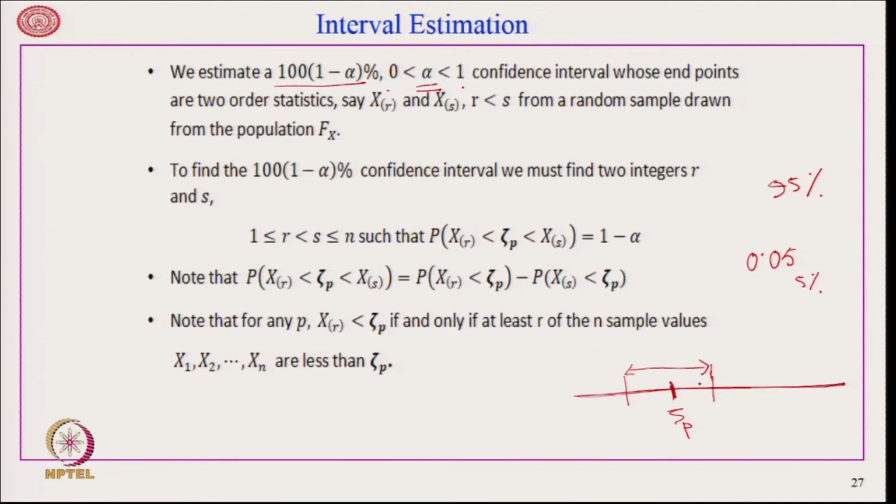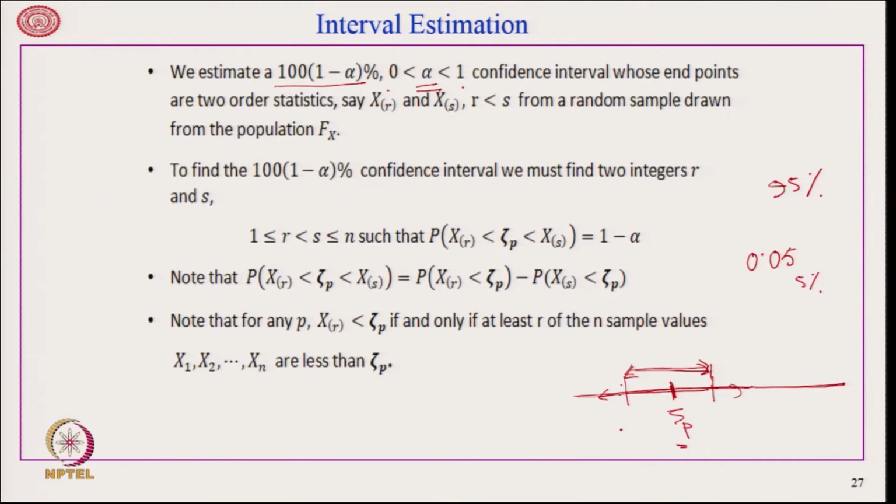What does it mean? It means that although we have done it on the basis of one sample, we are 95% confident that zeta p, the pth quantile, will be within this interval, and the chance is only 5% that the actual zeta p will lie outside this interval. So, this is what is called interval estimation.